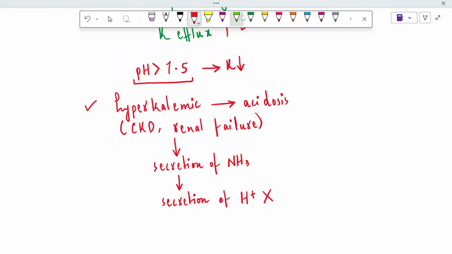It means that protons will start to build up inside the bloodstream, and this accumulation of protons in the blood is known as acidosis. It's metabolic acidosis, right? So that's exactly what I'm trying to say here.